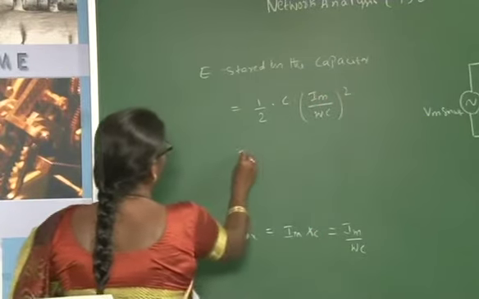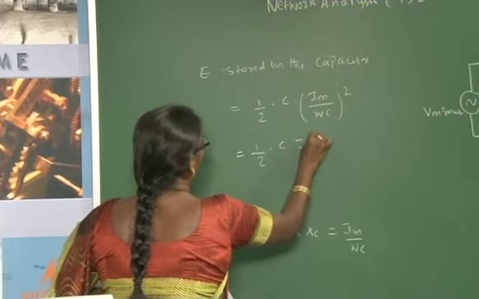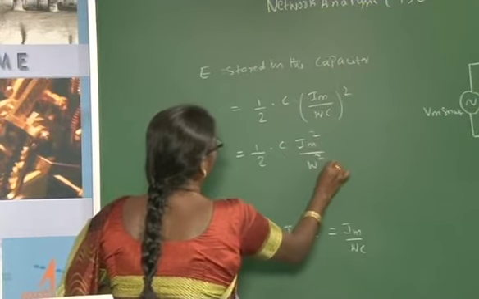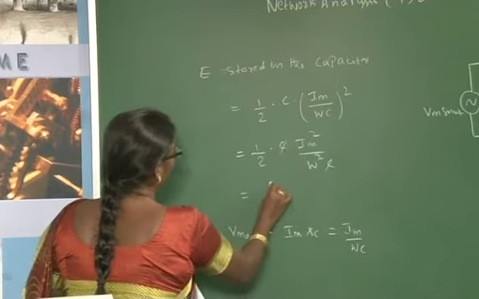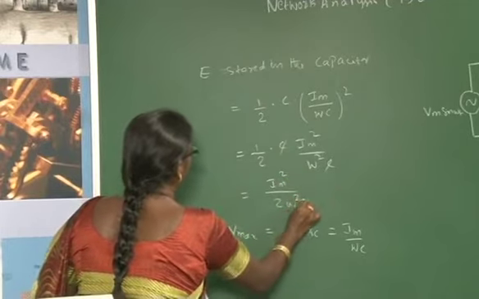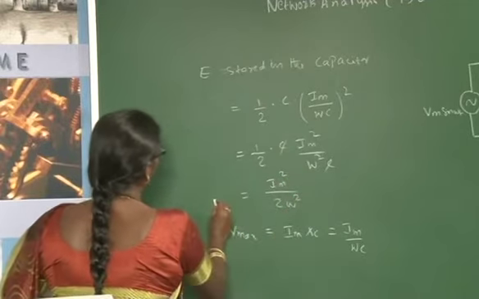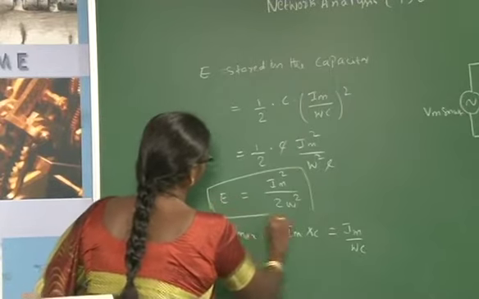If I expand, it is half into C into Im square by omega square C square. I can cancel the C and C, so I have Im square by 2 omega square C. This is the equation for the energy stored in the capacitor.